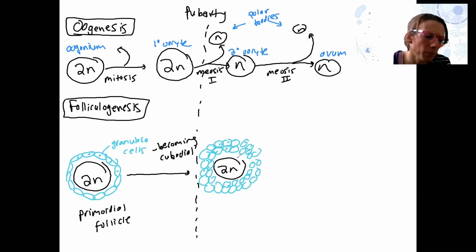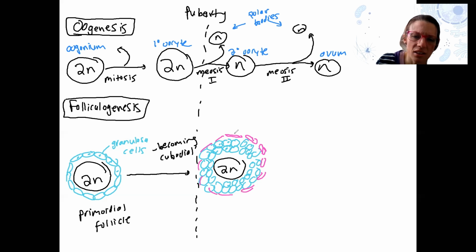They have nuclei in them. You also start to develop another layer of cells around the granulosa cells. Again, this is a process, so this might happen a little bit after the layers of granulosa cells start to develop. These thin layers, I'm going to draw like this. These are theca cells.